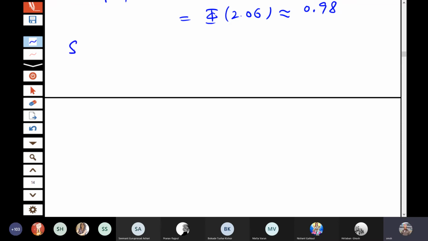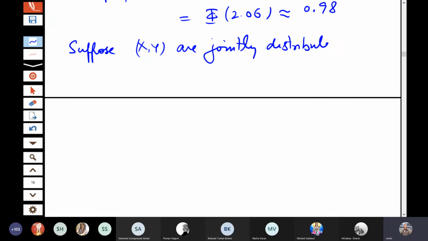So suppose x and y are jointly distributed, and I am considering the expectation of g(x, y).